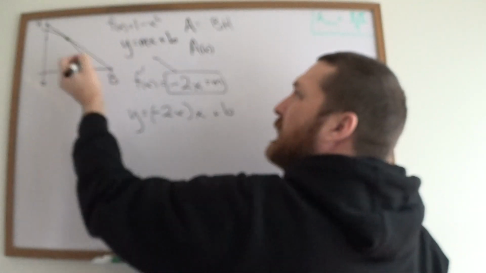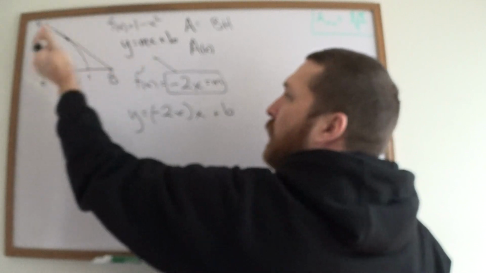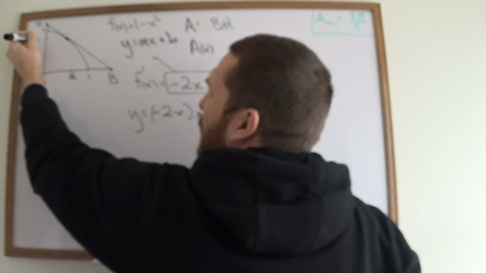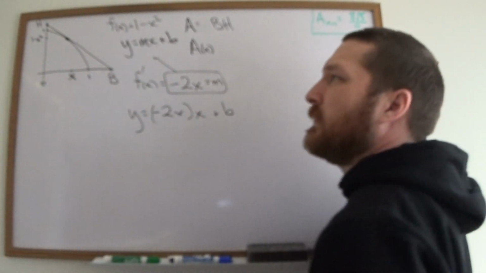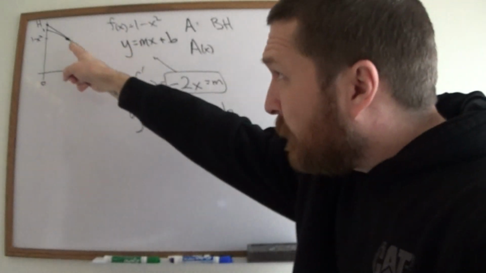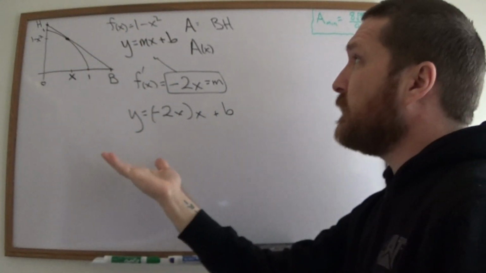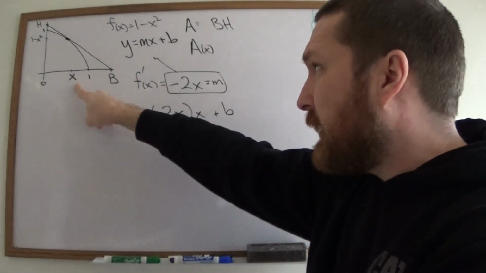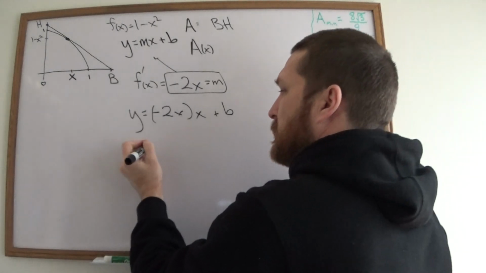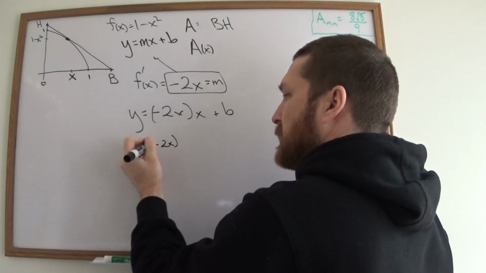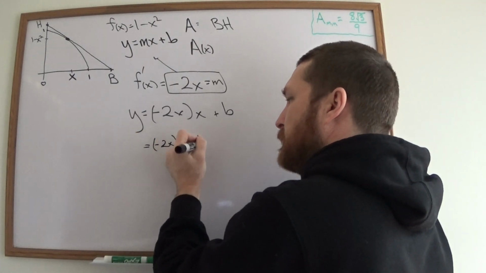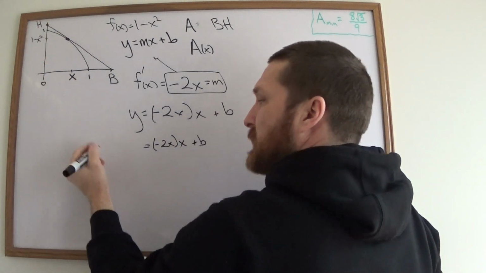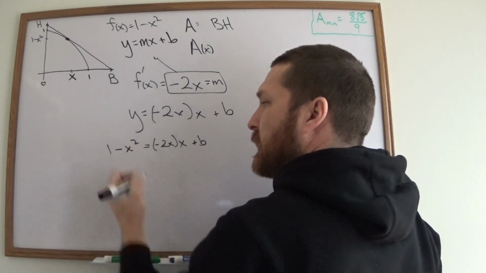So when I plug in an x into f of x, I get the output is 1 minus x squared, right there, right? Because it's on the parabola, so it has the same value there. And so this says, when I plug in an x for here, so I'm going to do that, minus 2x times plugging in my x plus b. What I get out is a 1 minus x squared.